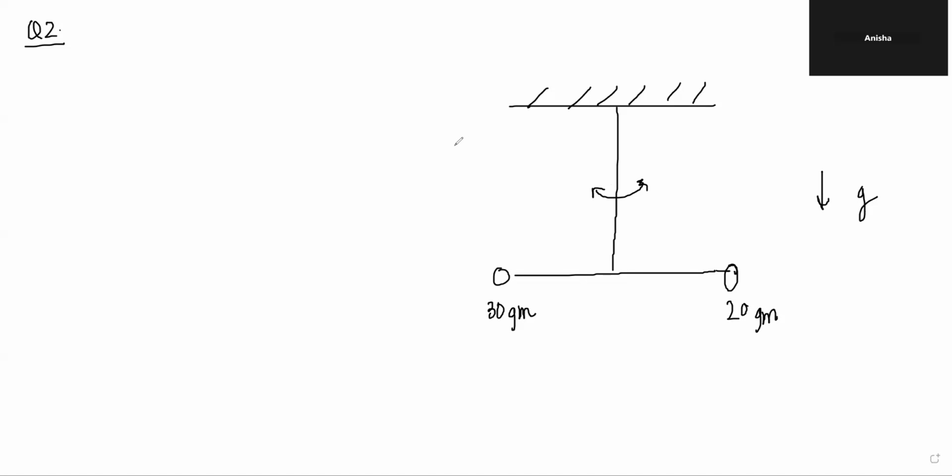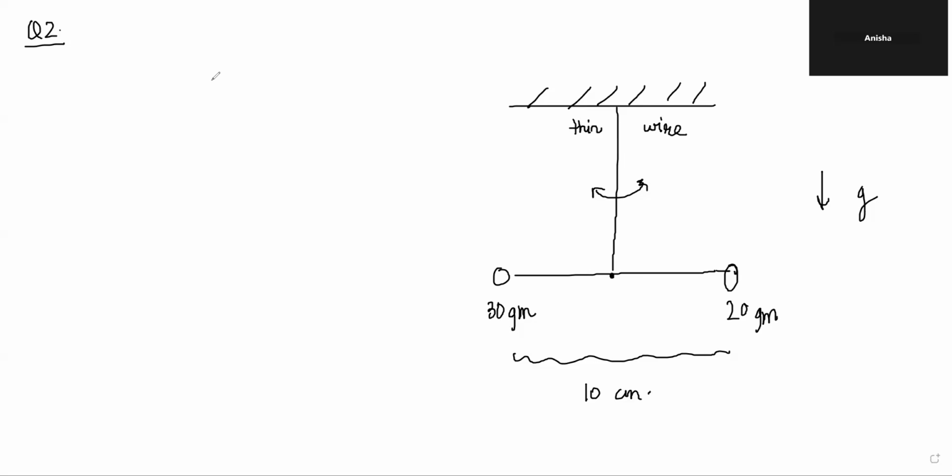Masses are given at the ends of a rigid massless rod of 10 centimeter. The system is suspended vertically from a rigid ceiling using a thin wire, attached to its center of mass of the rod, so midpoint of the rod.